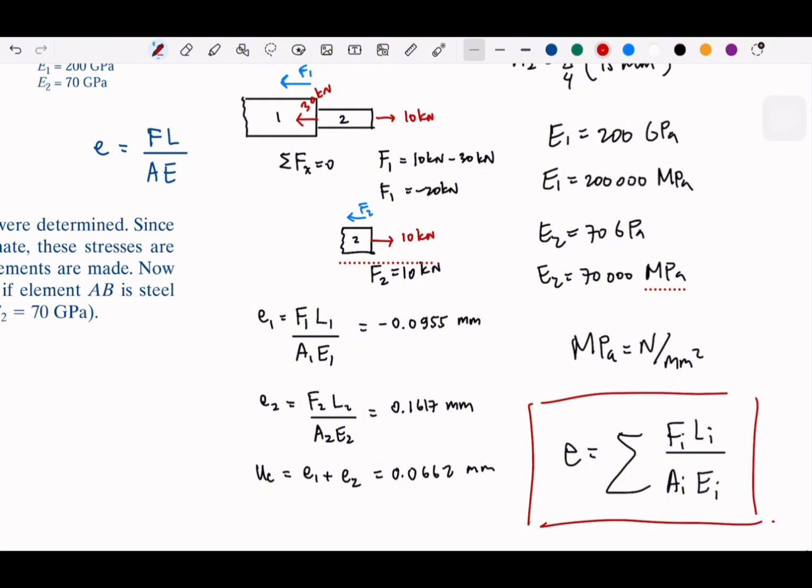So after the midterm, we are going to have an expected quiz about the axial deformation, and the final will be axial deformation and torsion, that's the main part, and some topics on beams.